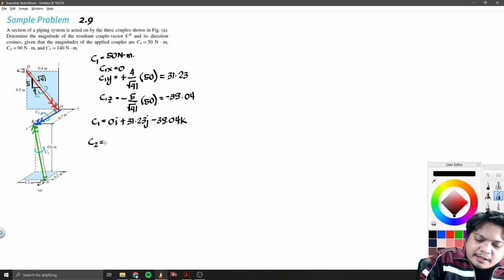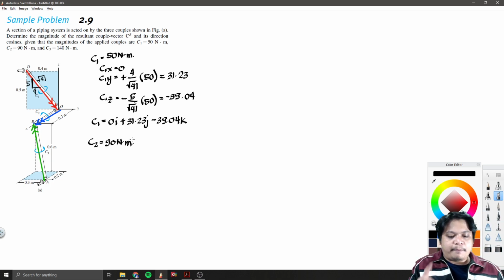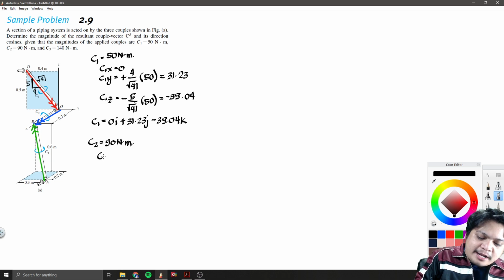Okay? Next, yung C2 naman. Yung C2 natin, that is 90 Newton meter. Okay? But kung titingnan nyo, si 90 Newton meter, it is directed exactly on the X. Positive X direction. So, I could have C2X equals to 90.